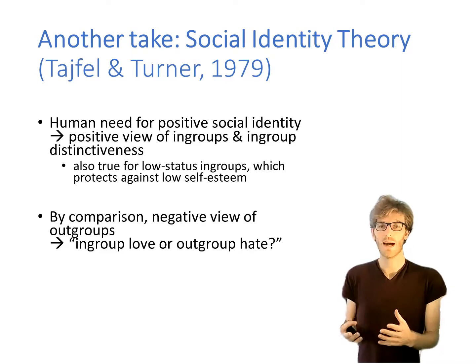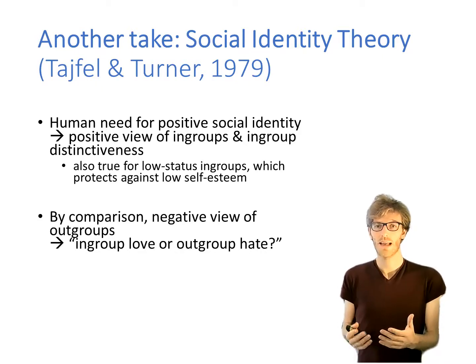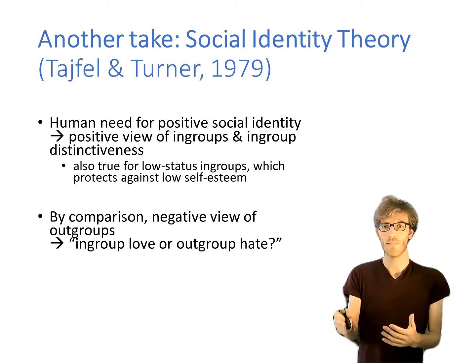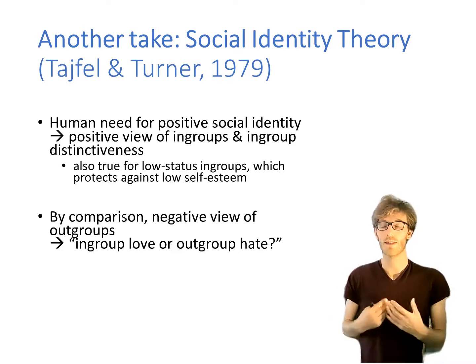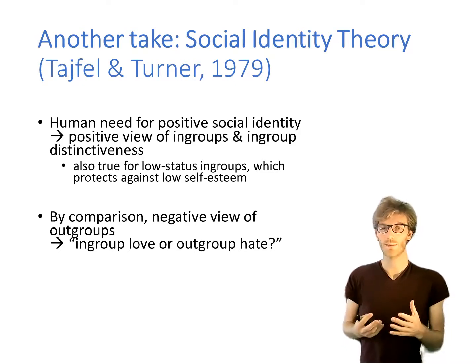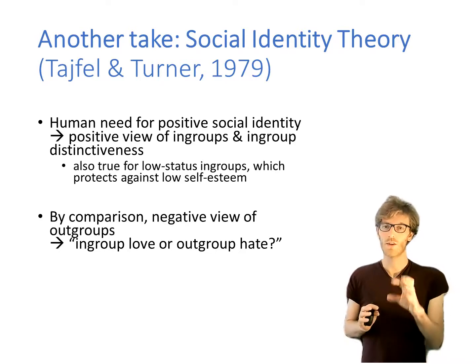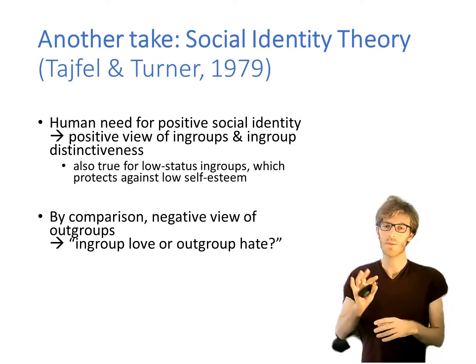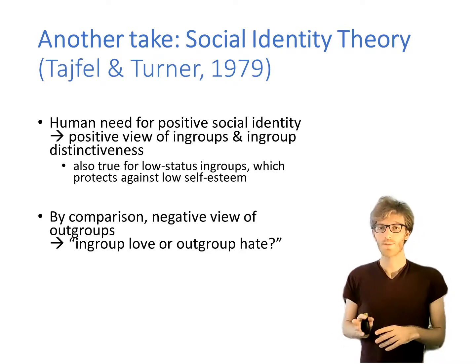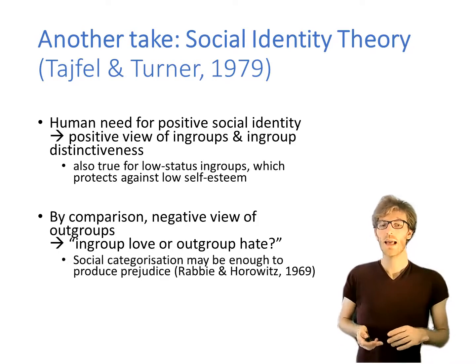If people only hire people for jobs who look like them, to some extent it doesn't matter so much if they don't hire other people because they don't like them, or if they hire people who look like them because they do like them. But clearly it implies some things about how we might want to deal with prejudice. So this question of when we have out-group hate and when we just have in-group love is quite important.